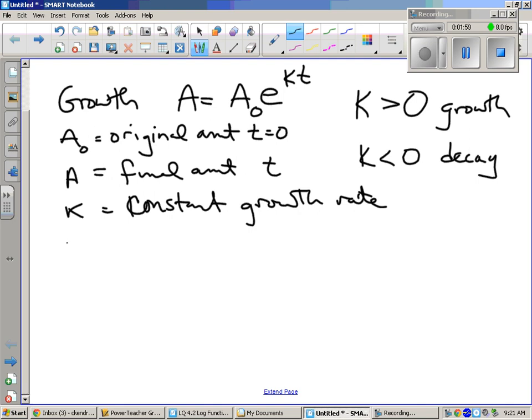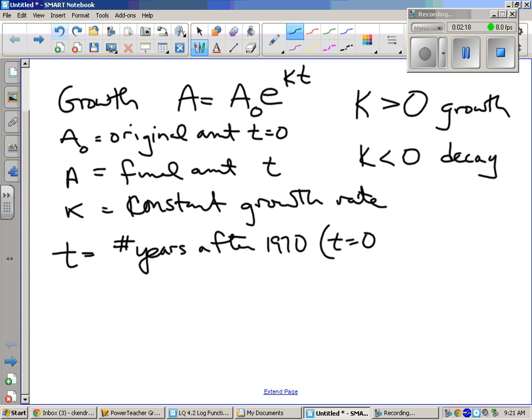All right, let's talk about the time here. In this problem, we're going to talk about population, and the time is the number of years after 1970. So that means t equals 0 at the year 1970.